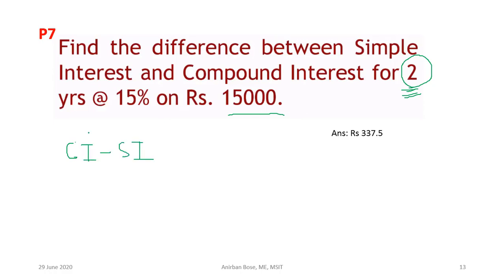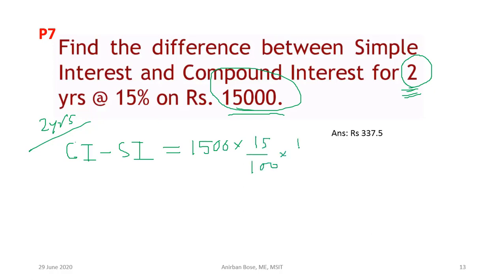This difference, remember, for 2 years only we can apply this formula, and that is the total principal, and you find out its interest twice. So that means 15 by 100 into again 15 by 100.